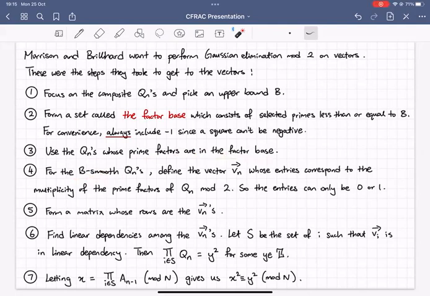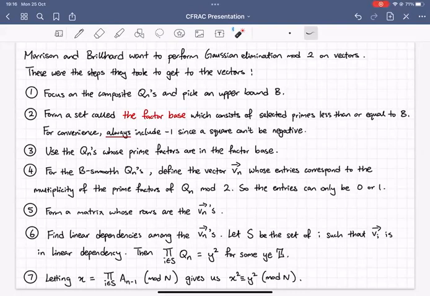Then for the B smooth QNs, you define the vector Vn whose entries correspond to the multiplicity of the prime factors of Qn modulo 2. So your row vectors can only have entries 0 or 1. Then you form the matrix whose rows are the Vn's. And then you find linear dependencies among the row vectors Vn.